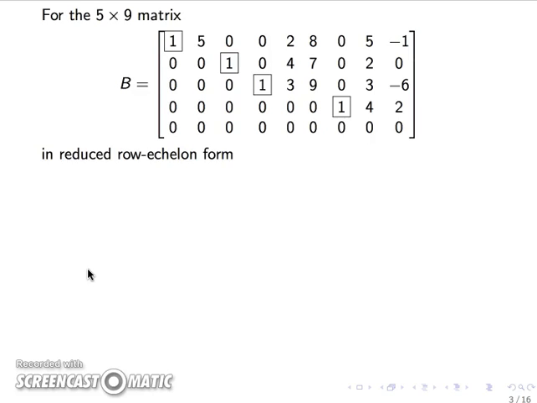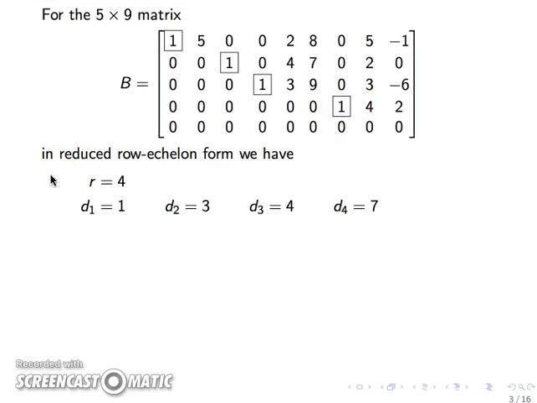We consider this matrix now. It has 5 rows and 9 columns. This matrix is in RREF. Clearly here we have 4 non-zero rows. We count the number of leading ones, or the number of pivot columns.